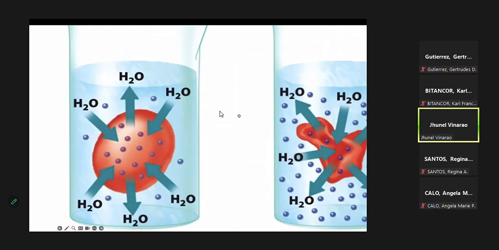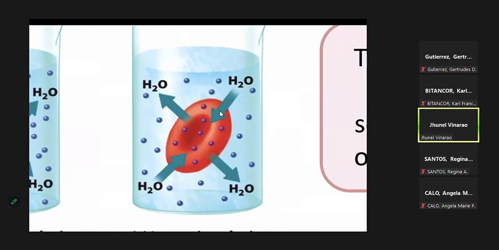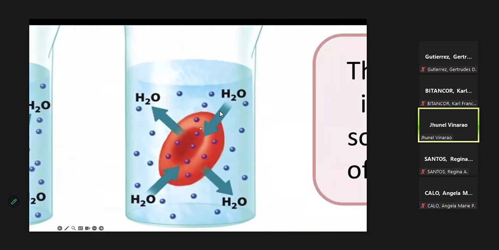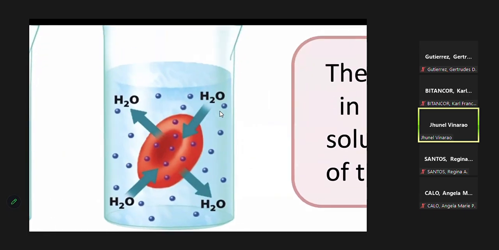And we don't want that. So that's why the isotonic solution is more favorable for us. Whatever the condition in normal physiology of the human body, that's what you need to mimic in the lab.